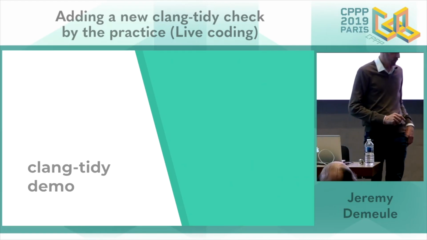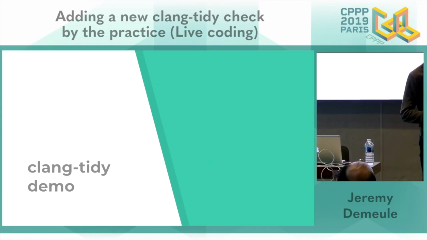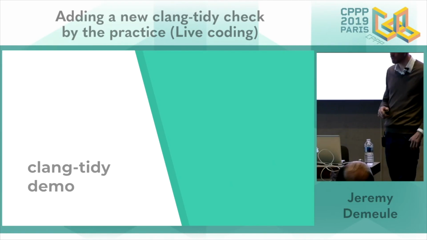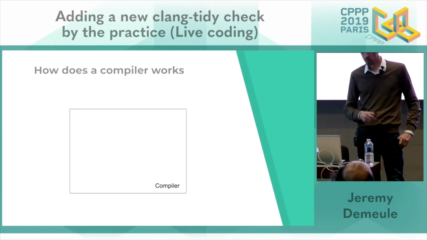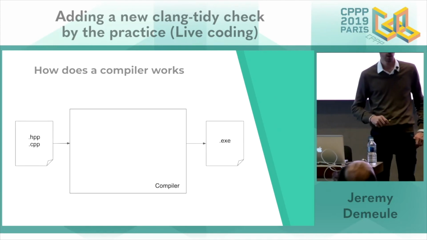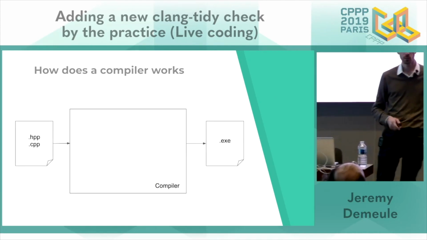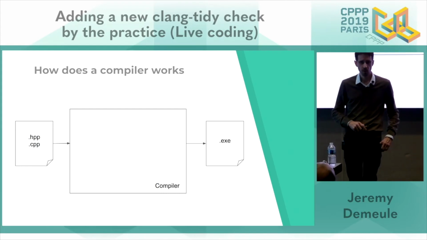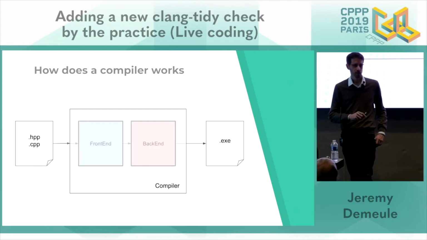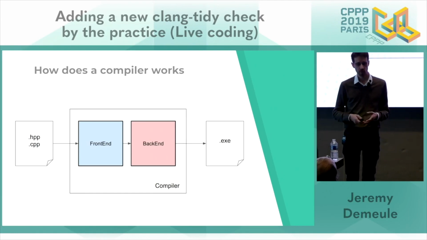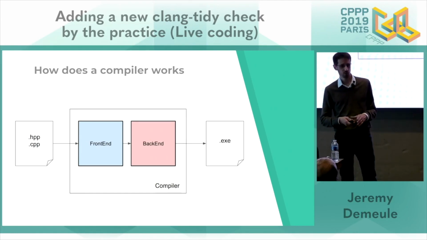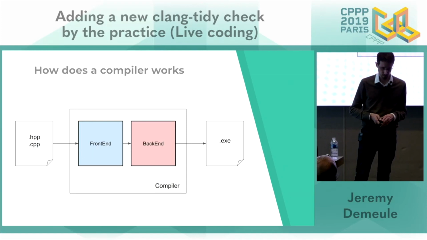To understand the rest of the presentation, I have to explain a bit how a compiler works in a general way. We can see the compiler as a big black box, taking source files as input and producing binaries from them. Internally, there are a lot of steps, mainly split between the front end and the back end, to do all the transformations you need from the sources.